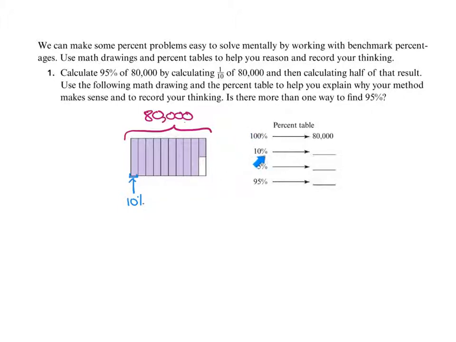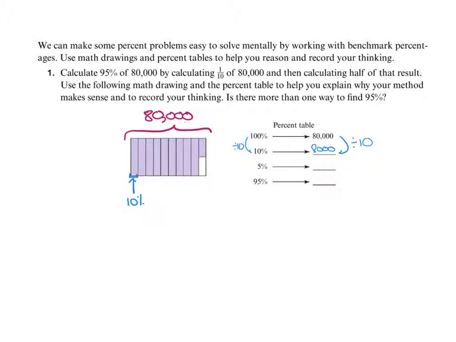To go from 100% to 10%, we divide by 10. So if we take 80,000 and divide by 10, we can find the value of 10% of 80,000, which would give us 8,000. That means this one rectangle right here is worth 8,000, and all 10 of them together are worth 80,000.